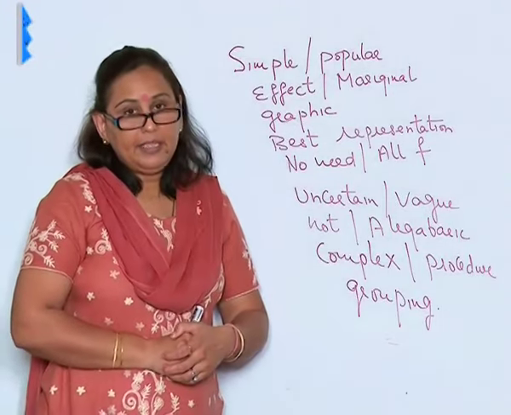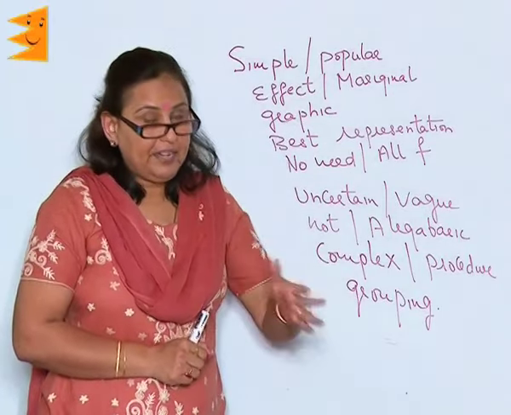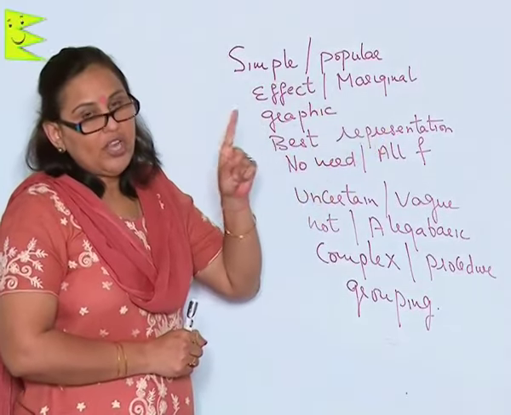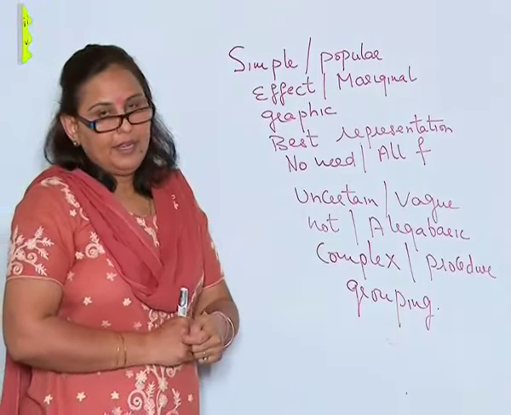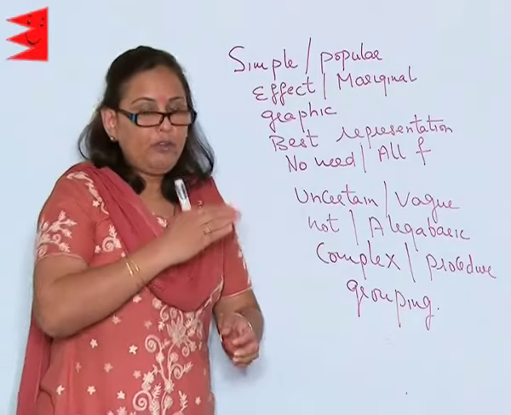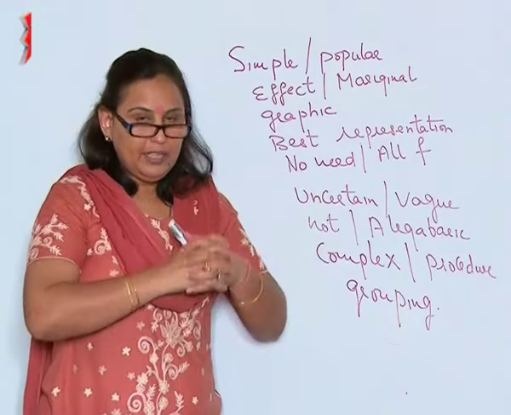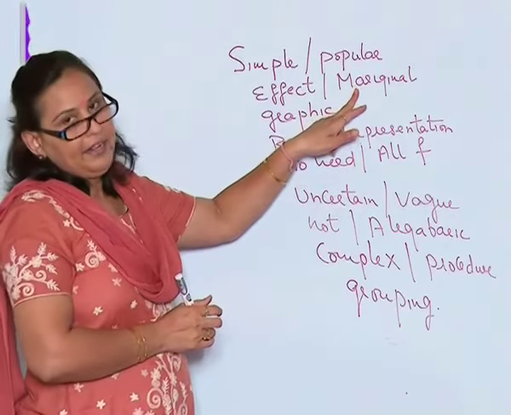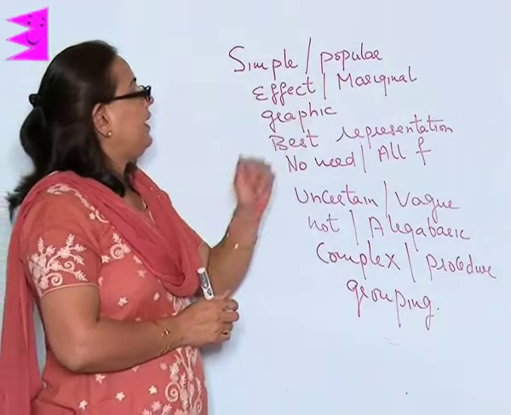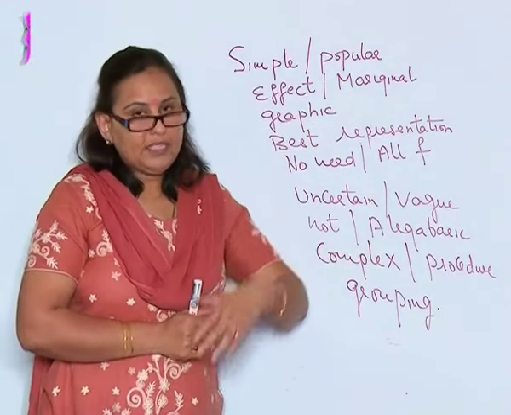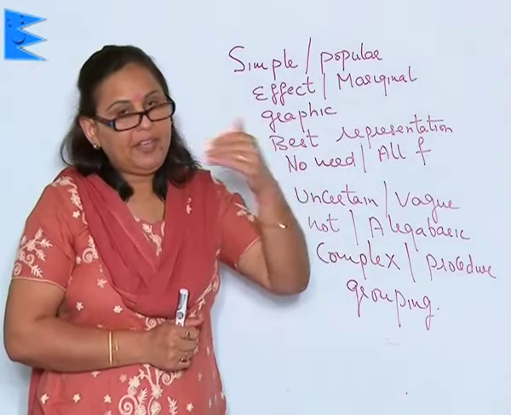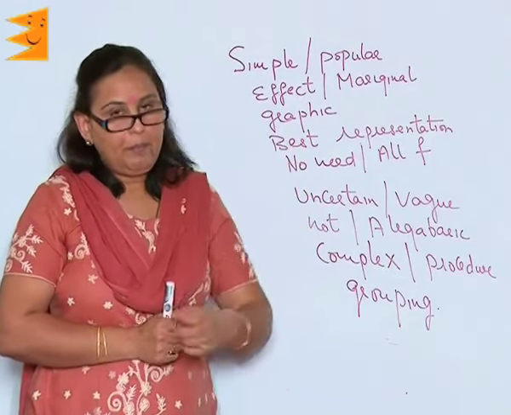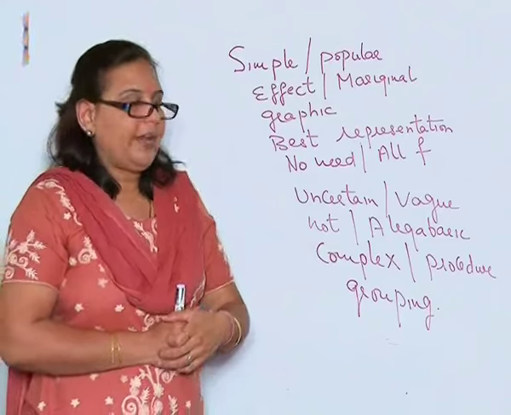Second is, it does not get affected by the marginal values as much as the mean gets. Thus, the effect of its marginal values in the series is not to the extent that is there in the mean. Third is that it can be best represented through graphic representation, that is, the mode can be represented by the histogram.